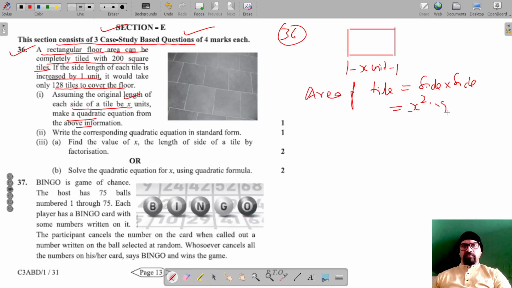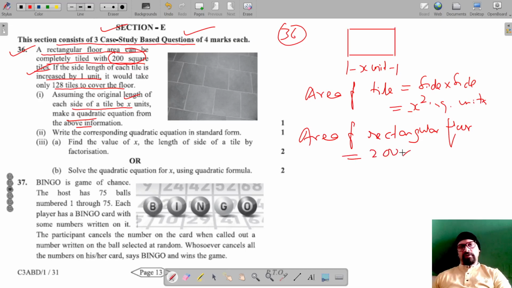Initially, 200 square tiles can completely tile the rectangular area, so the area of the rectangular floor is equal to 200 tiles multiplied by its area, which is 200x square.